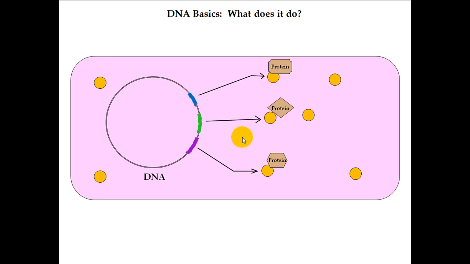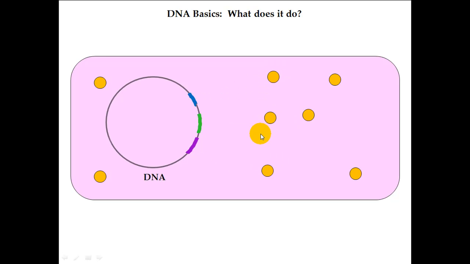So basically, DNA is important because it tells the cell how to make proteins. In order for that protein to be made, somehow the information has to be able to get from here over to here. And so if you remember from cell biology, the way that that happens is by way of a type of molecule called messenger RNA.